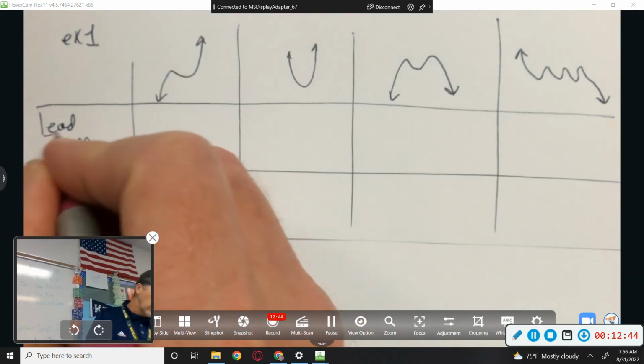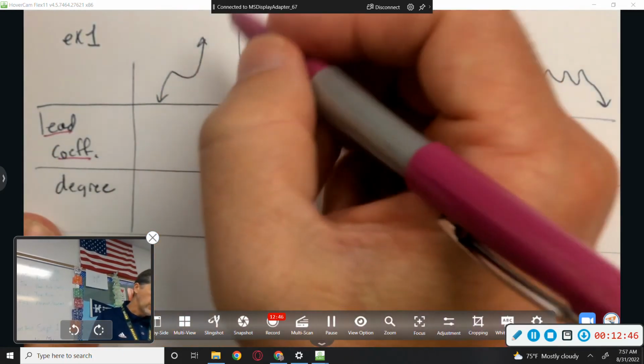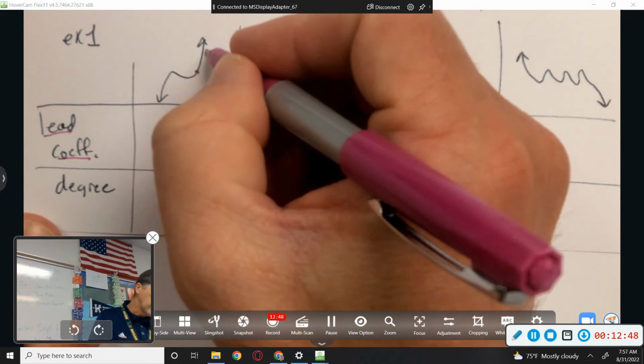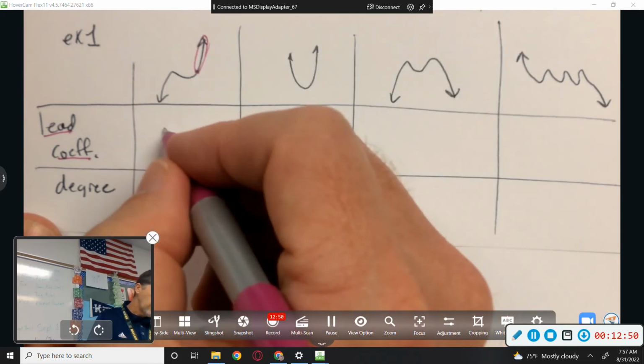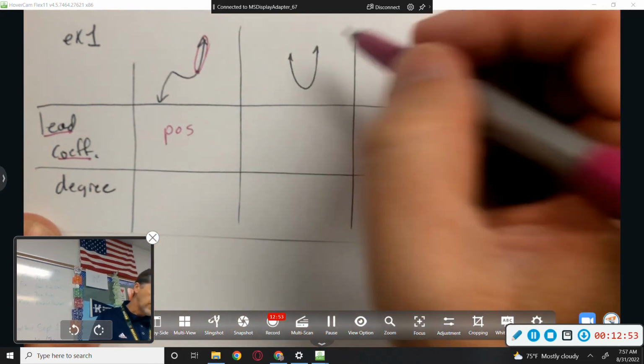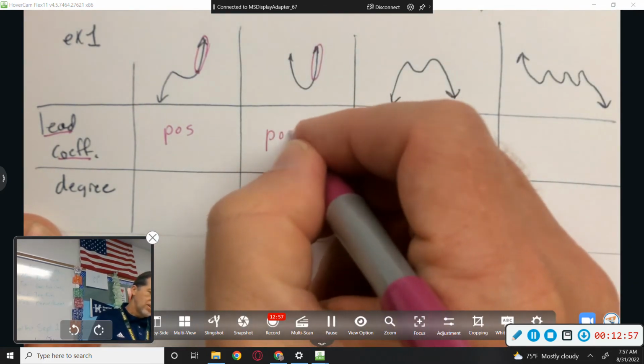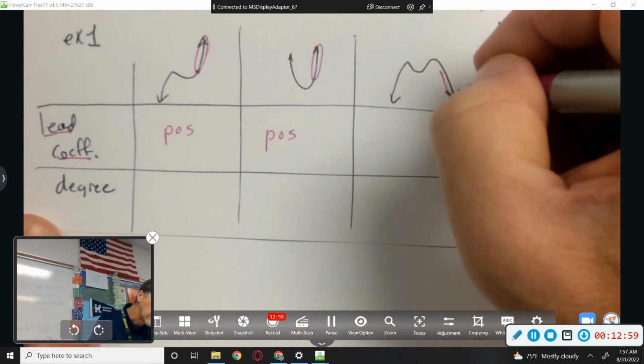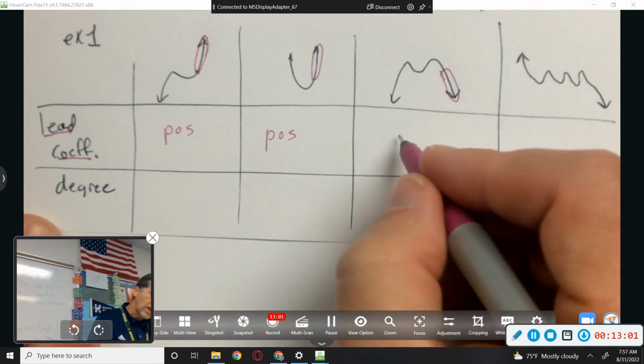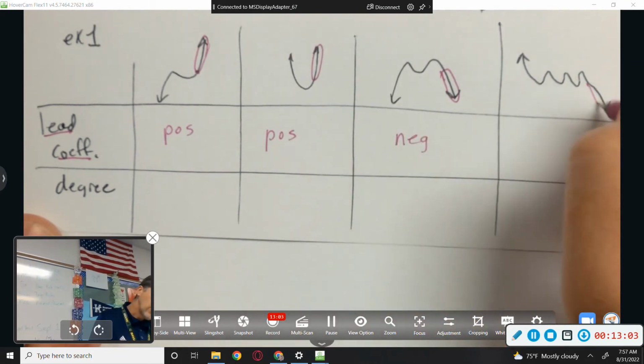So lead coefficient on this first one, is the lead coefficient positive or negative? Positive. How about on the second one, lead coefficient positive or negative? How about the third one, lead coefficient negative, and the last one negative.